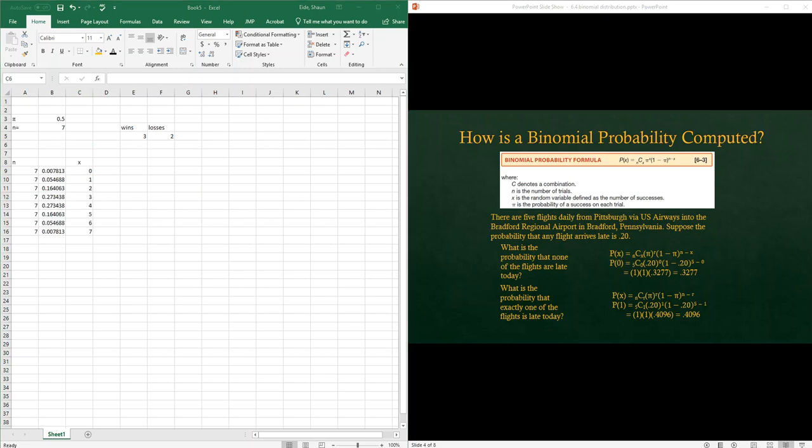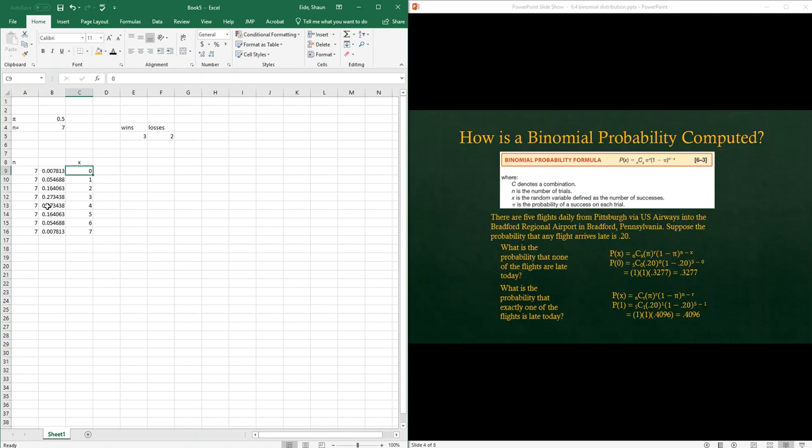Okay, so what I just did while I paused the video is I put right here the number of successes, or x, and then the number of remaining games. The probability that the Bears will win 0 of their remaining games is 0.07813.